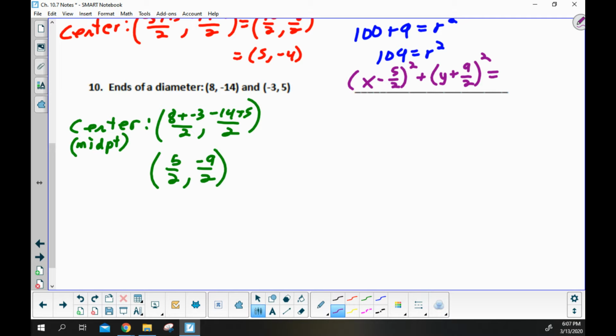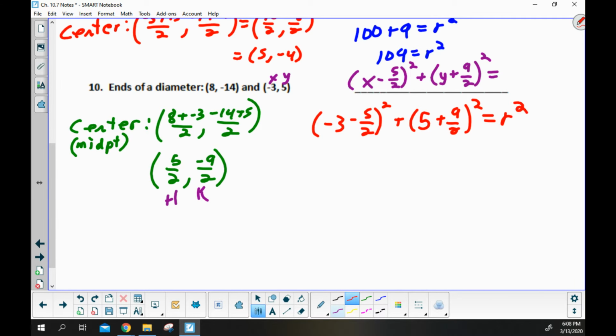All right, so here's my h, there's my k, and I'm going to use negative 3 and 5 as my x and y. I don't want to use 8 and negative 14. And you can, again, use either point. I'm going to use those. So, given that, here we go. Negative 3 minus 5 over 2 squared plus 5 plus 9 over 2 squared equals my r squared.